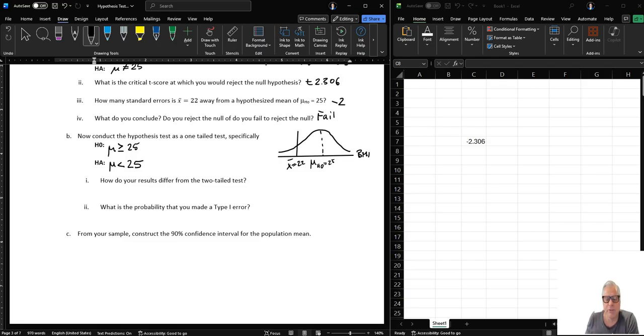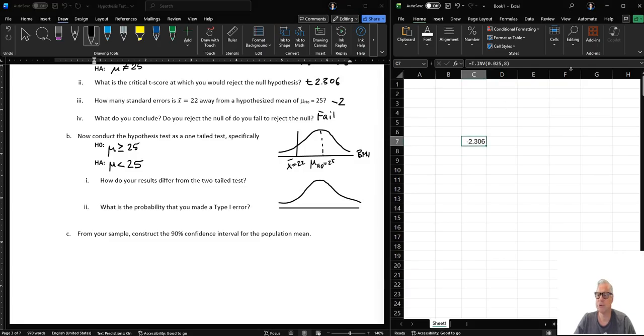Okay, so now we need to know what is actually the critical t in a one-tail test. So if I want to do a one-tail test, I need to find the t where I have all the 5% to the left. So that means I need to go to the T.INV, and I just change the probability from 0.025 to 5%.